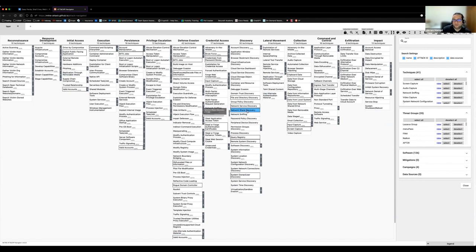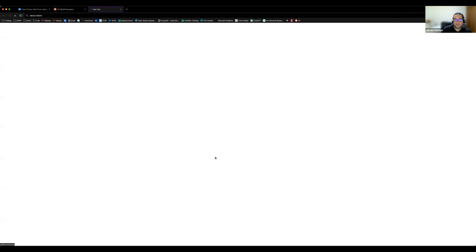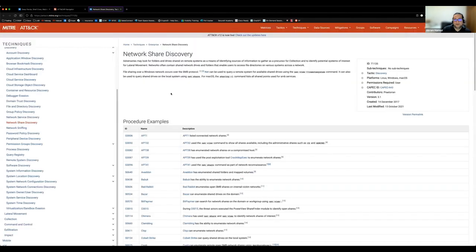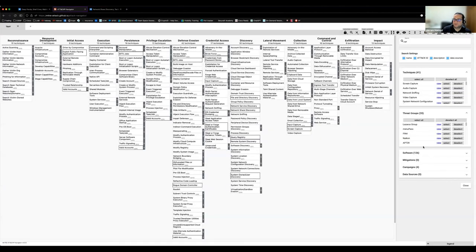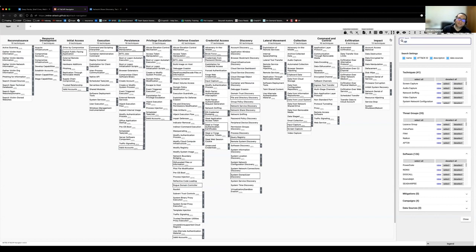You can even right click from here and pin this, select, deselect, view the whole technique, and then it would open the MITRE page for you. You can do queries here by all sorts of things, like APT 28 and the tool Mimikatz, and it would tell you that it's under this specific technique.